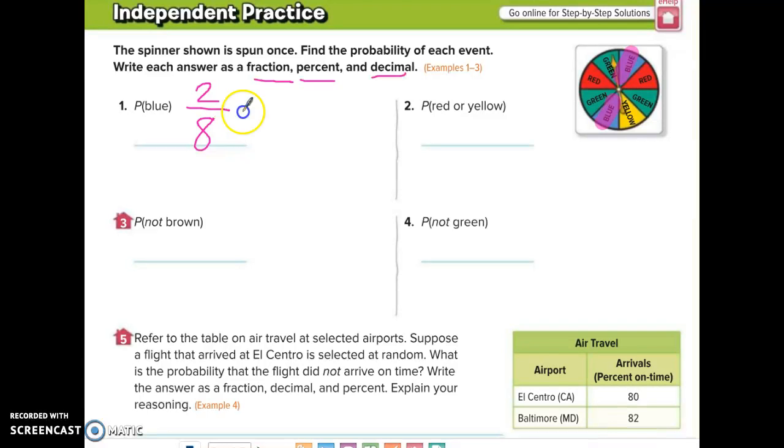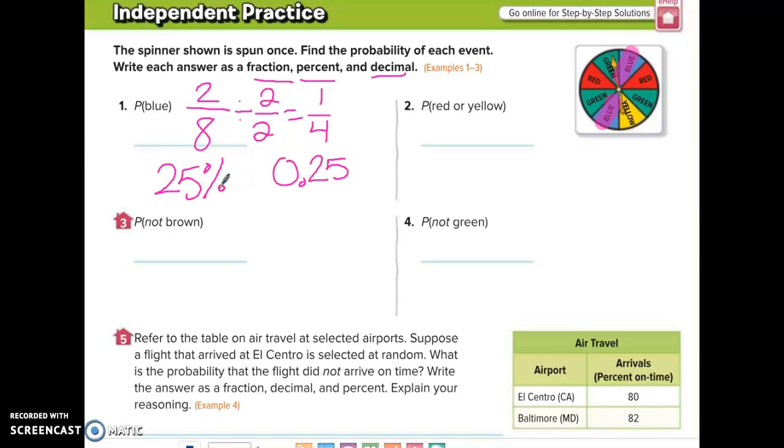I can reduce both the top and the bottom by 2, and that gives me 1/4 as a simplified fraction. I can write this as a decimal of 0.25 and as a percent of 25%. Okay, a lot of us know 1/4 as a decimal and as a percent. If it's something that you need to type into a calculator, go ahead and do so.